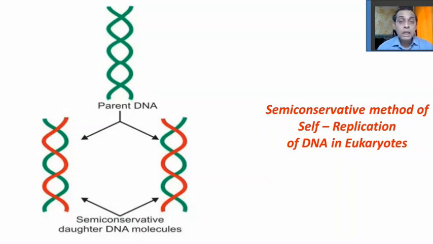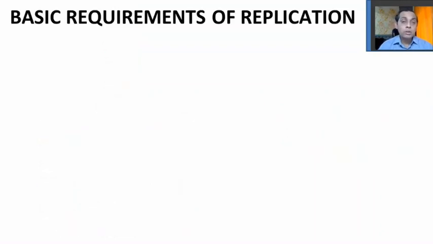Semi-conservative means one strand of the parent DNA is always conserved in the daughter DNA. Hence, the process of replication in eukaryotes is semi-conservative. So let's understand the semi-conservative method of self-replication of DNA in eukaryotes.